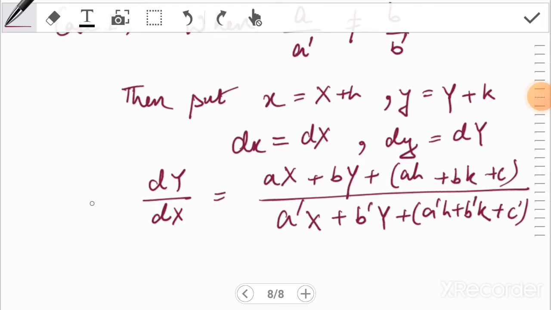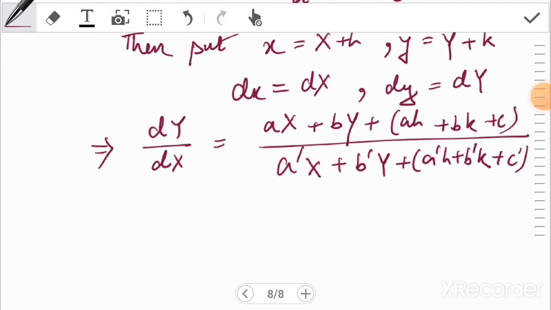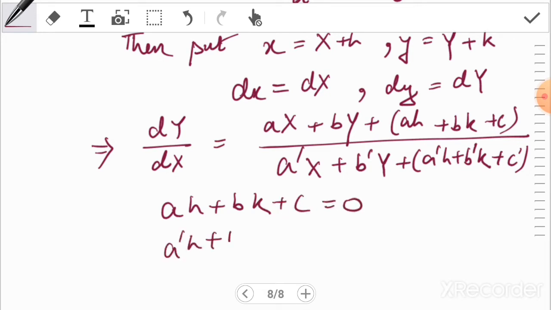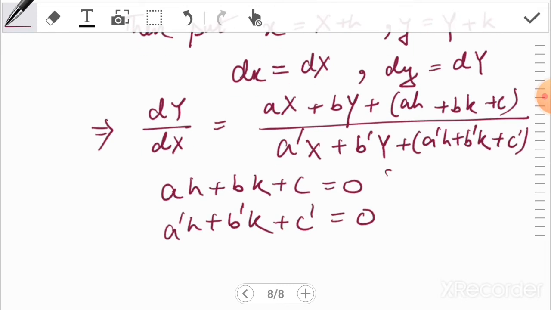To make this equation homogeneous, we need values of h and k so that ah plus bk plus c becomes 0 and a dash h plus b dash k plus c dash is equal to 0. So solve these two equations for h and k.